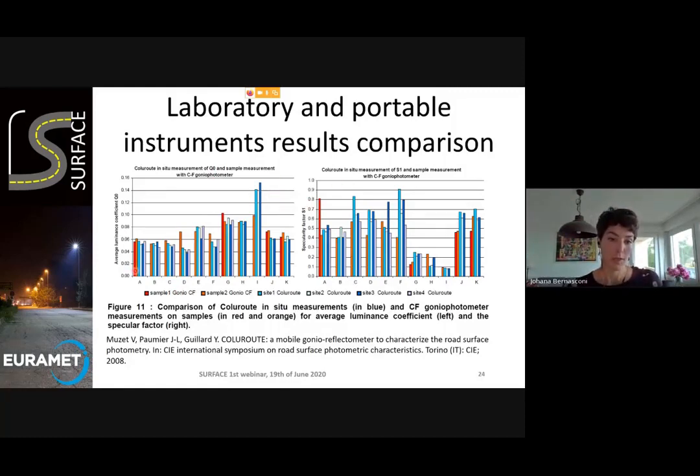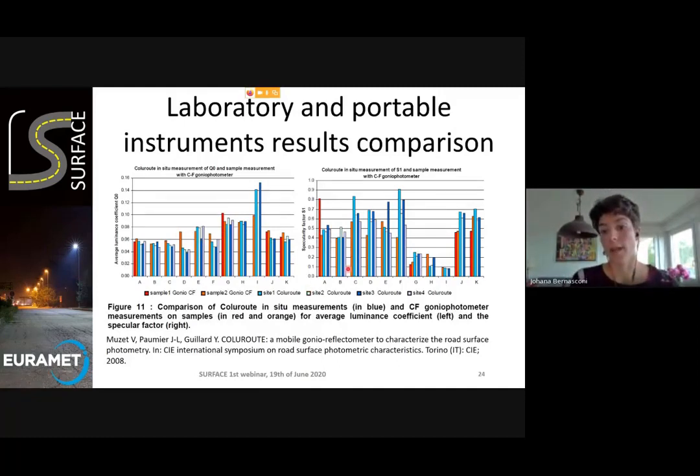You can see there were one or two samples measured with the gonio-photometer in the laboratory, and then there were 4 different sites measured with the portable device in a spot close to where the extraction of the sample was made. For Q0, there's a really good correlation between the laboratory device results and the ColorRoot results, apart from this one. Otherwise, it's quite good. And this shows the reliability of the device.